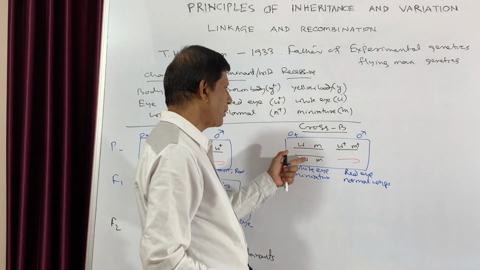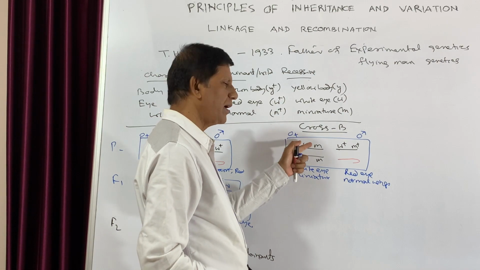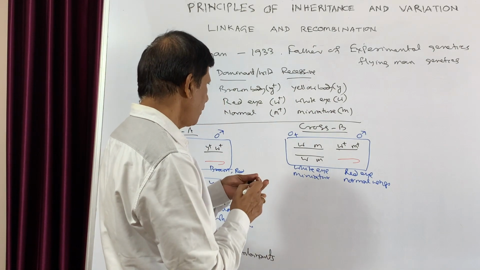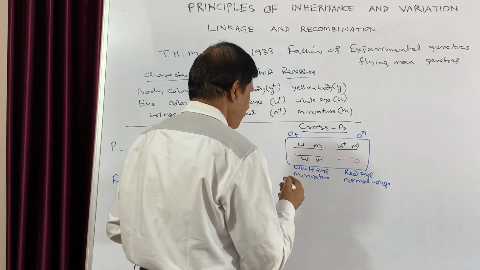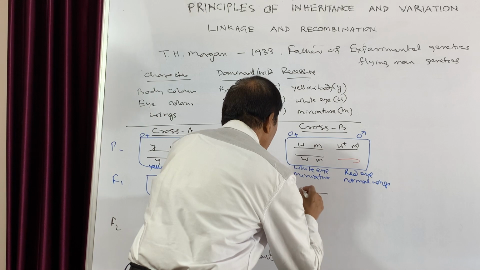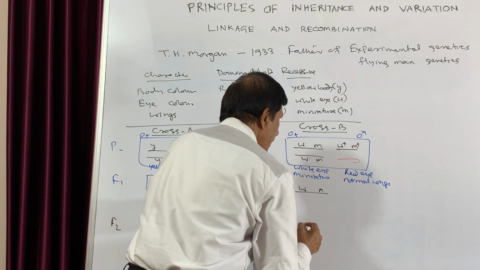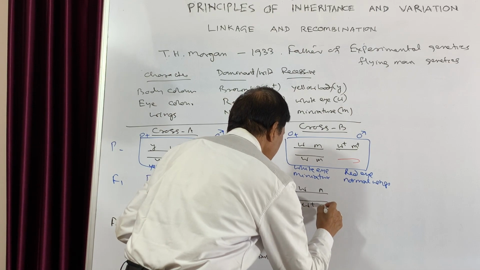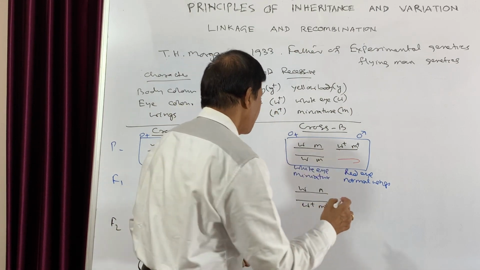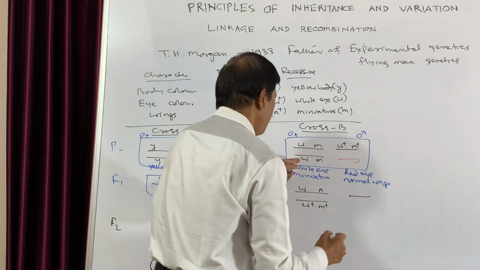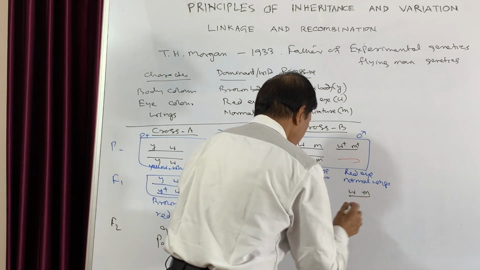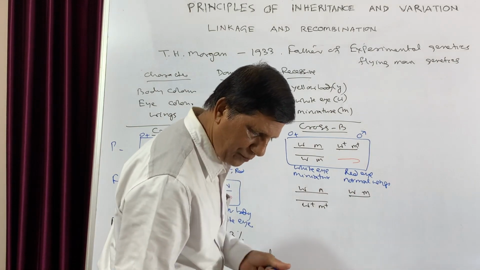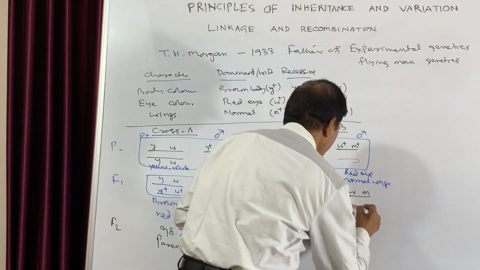This female will produce only one type of gamete, that will be WM, while the male will produce two types of gametes. So in the F2 generation, what is happening, you see. One will be WM and the other one will be W plus M plus. While in this case, one will be WM and the other one will be the male one.